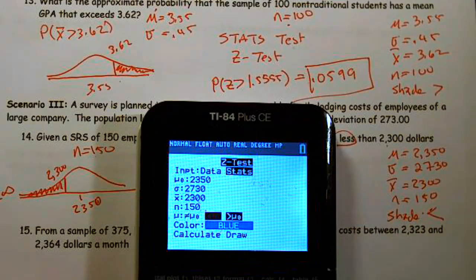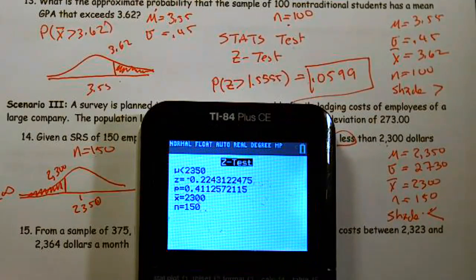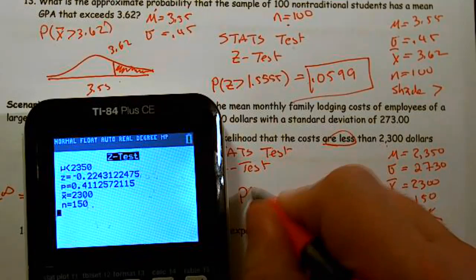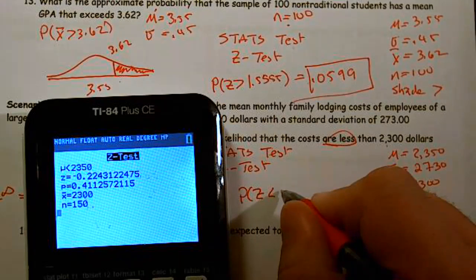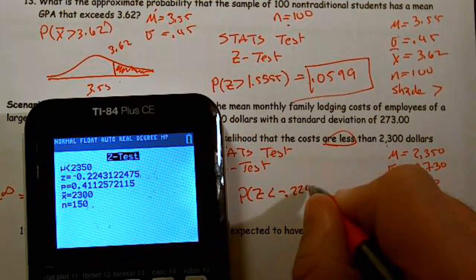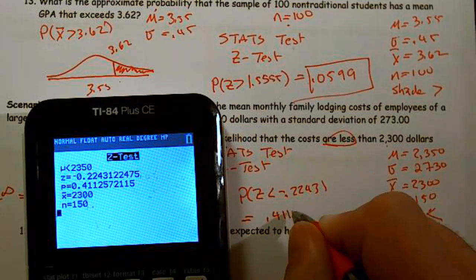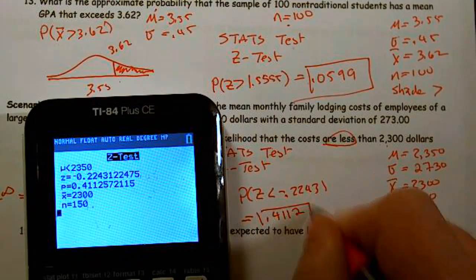And remember, we're shading to the left because we wanted a less than. When I calculate that, I end up getting the probability that z is less than negative 0.2243, and that equals 0.4112. So this right there is my answer.